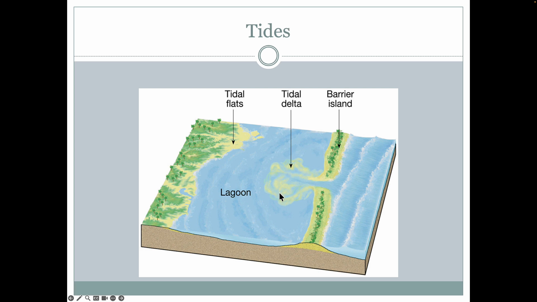But once it gets in here, it's much more slow moving water. It's like it's just being dumped in still water, so that then the sand and other sediment is able to settle to the bottom, and we get these tidal deltas that are built. They're only built on the protected side of the barrier island, and there has to be this inlet for this to happen. But this is one landform that's specifically associated with the tide.